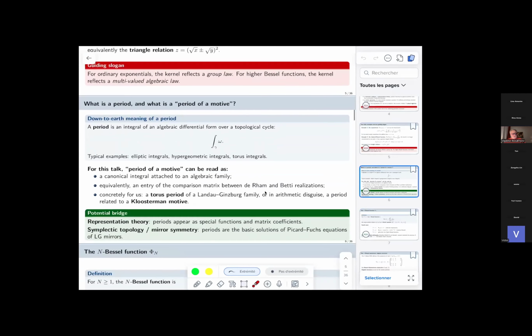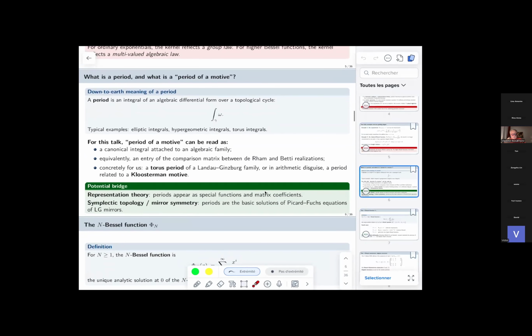The second interesting and important notion to which I want to draw your attention in my talk is the motivic nature of this object. What does it mean?